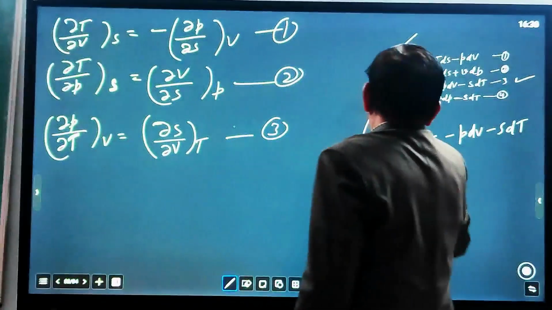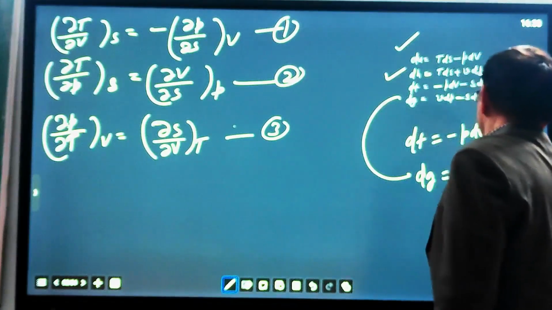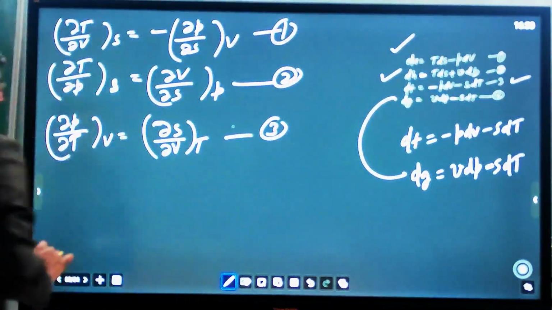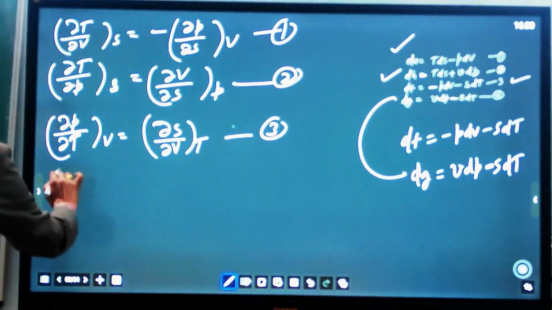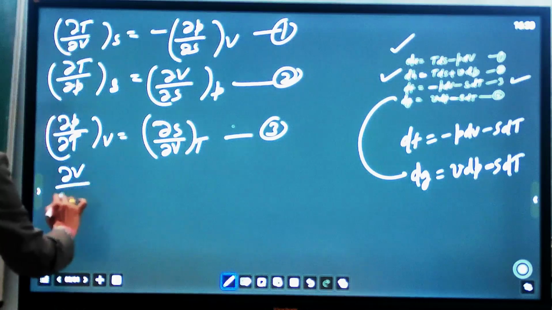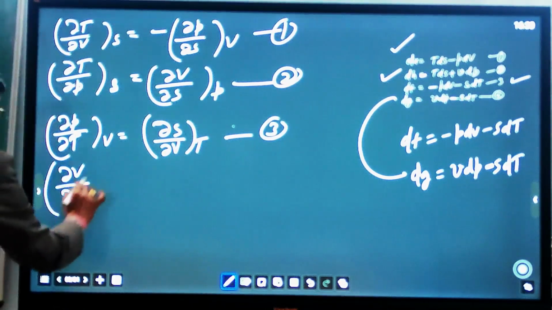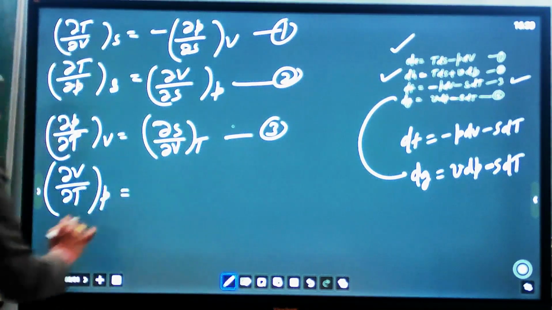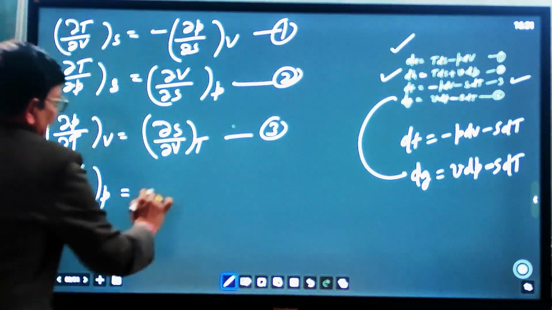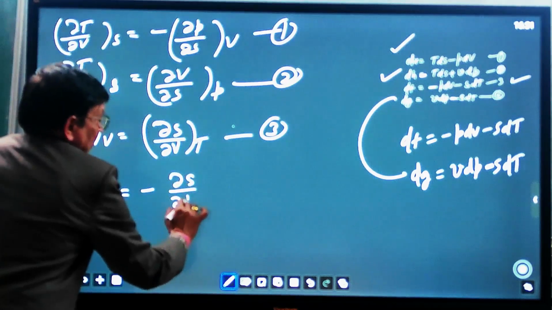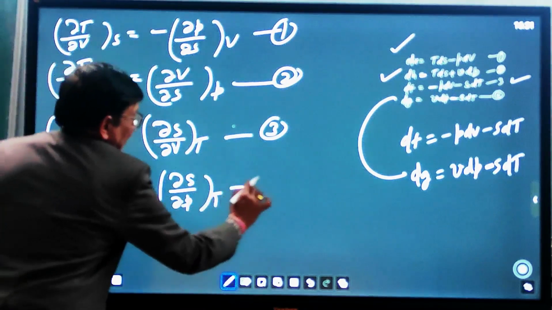Taking this equation, dG equal to VdP minus SdT, by taking analogy, del V over del T at constant P equal to minus del S over del P at constant T. This is equation number 4.